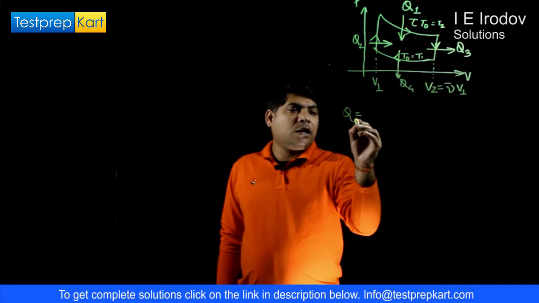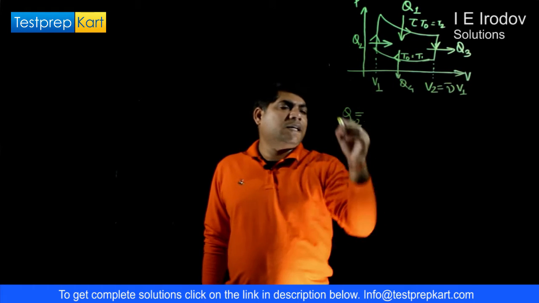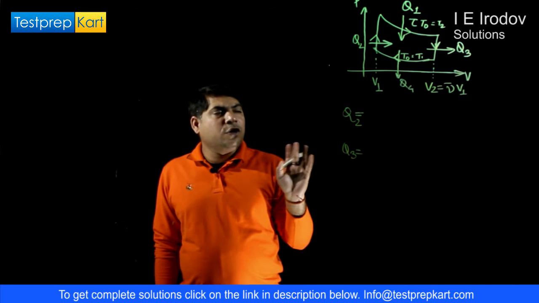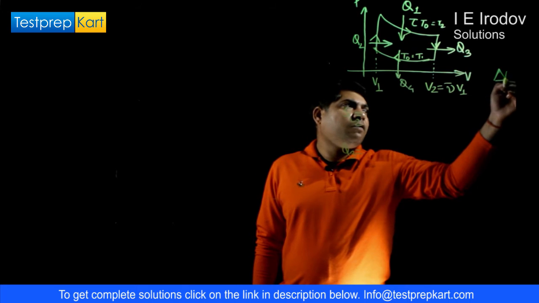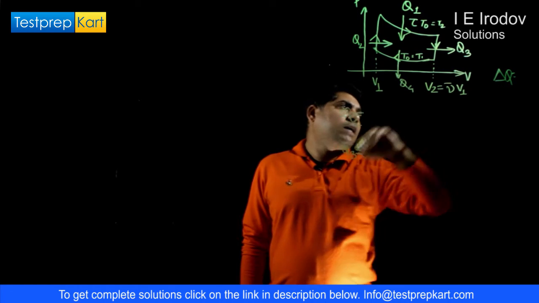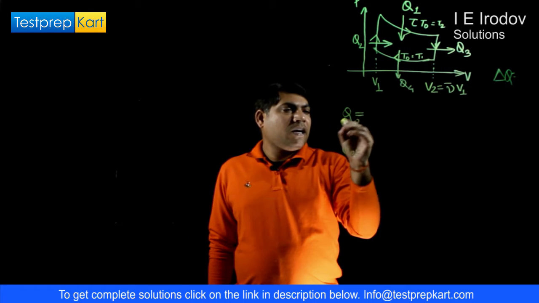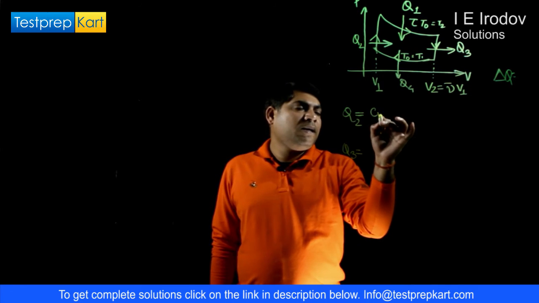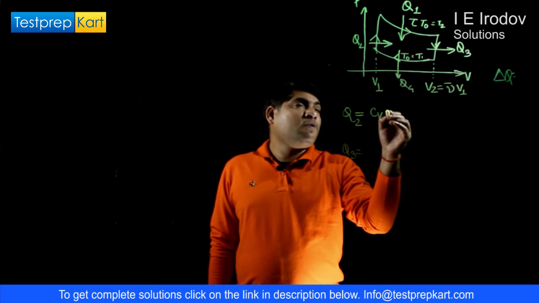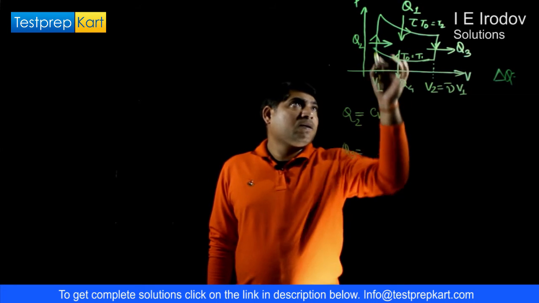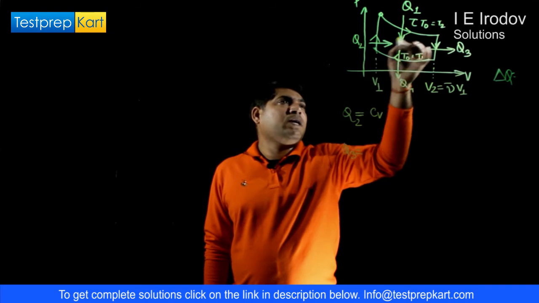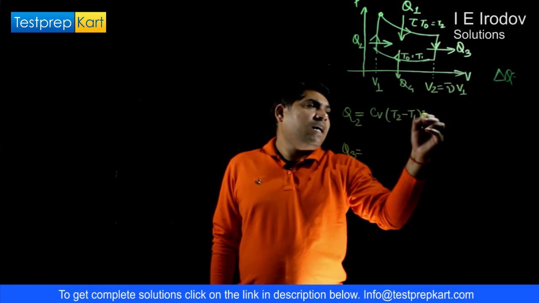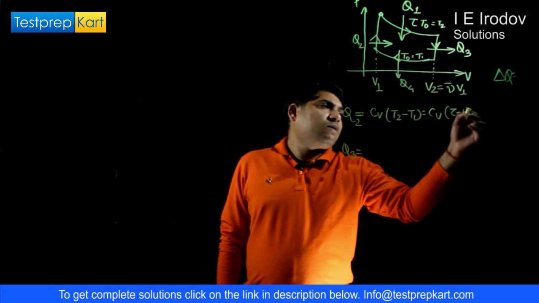Let's first calculate Q2 and Q3 for the isochoric processes. With no change in volume there is no work done, and from the first law of thermodynamics, delta Q equals delta U. So delta Q2 is Cv for 1 mole times delta T. The final temperature is tau T naught and the initial temperature is T naught, so T2 minus T1 gives Cv into tau minus 1 into T naught.